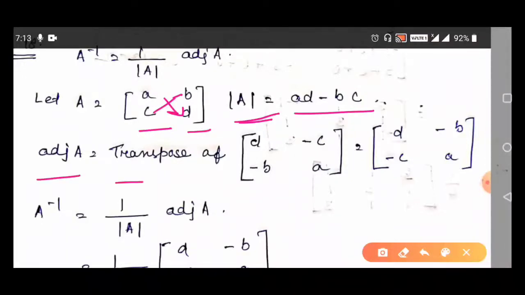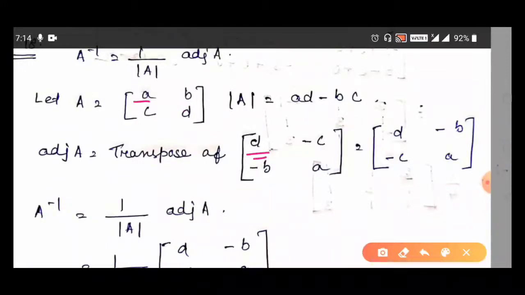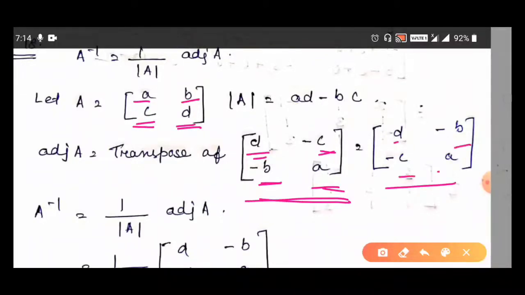Adjoint A will be transpose of, now see here, d is the cofactor of a, minus c is the cofactor of b, minus b is the cofactor of c, and a is the cofactor of d. Now we will take the transpose of this matrix, then it will become d, minus b, minus c, a.